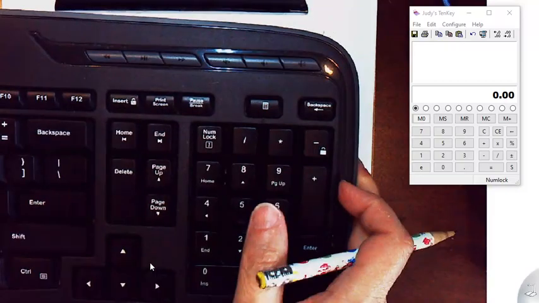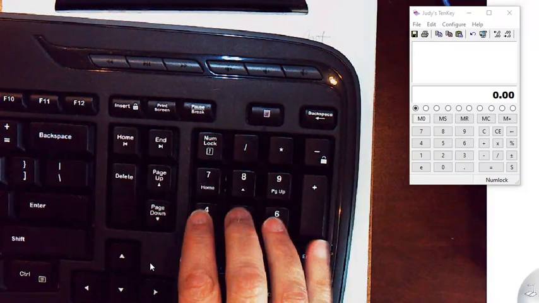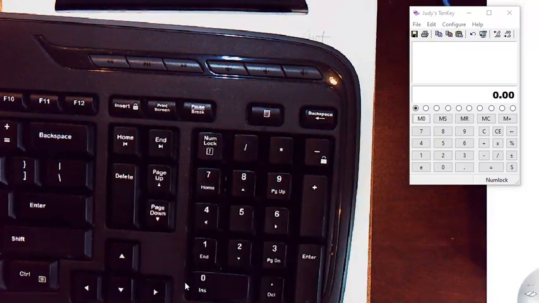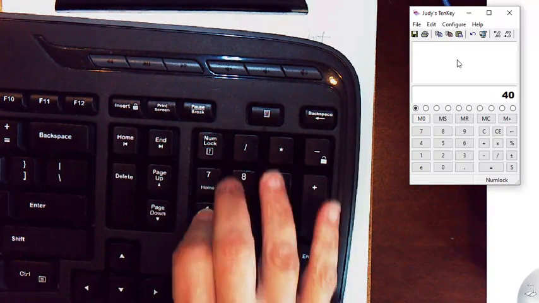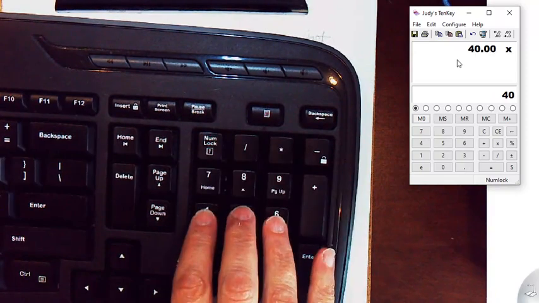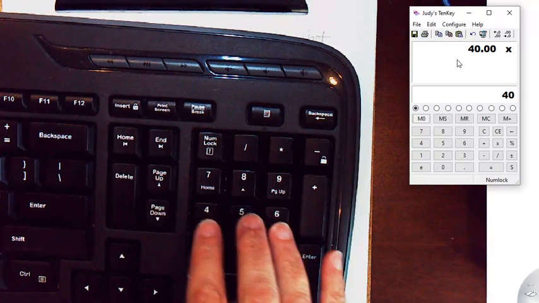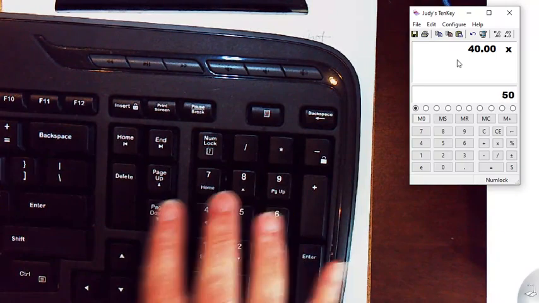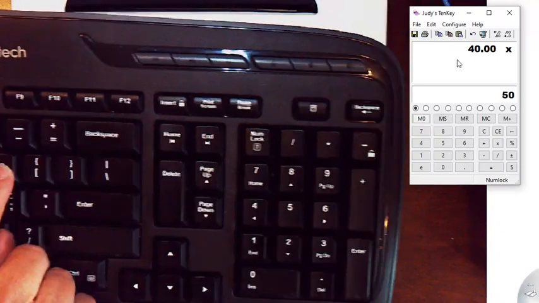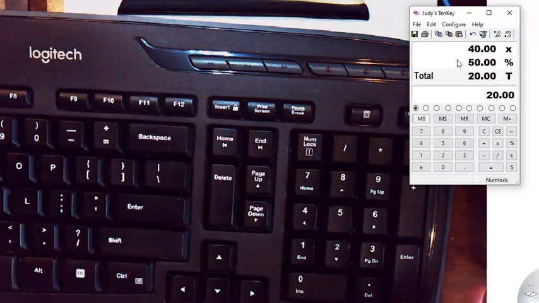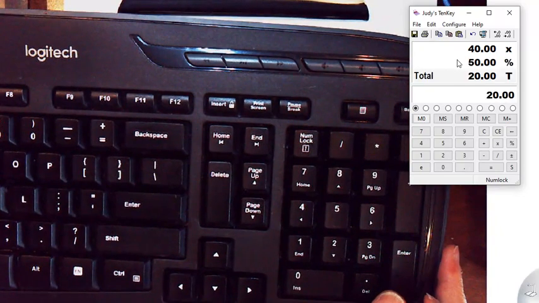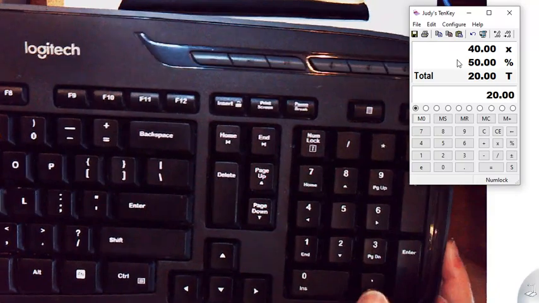So if my cost is $40 and my markup rate is 50%, I can do 50 and P for percent, and dollar markup is $20.